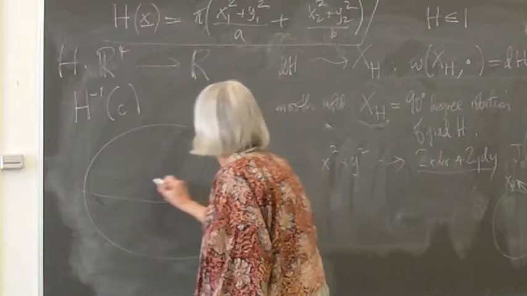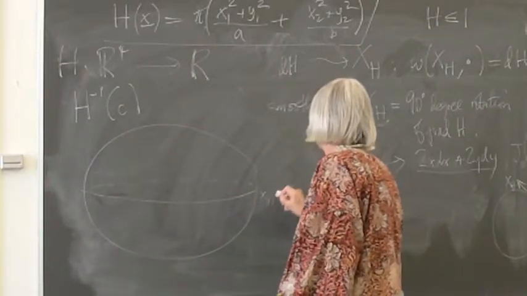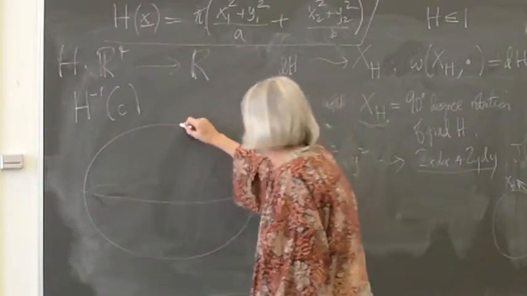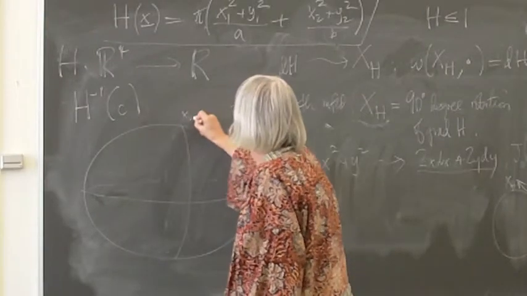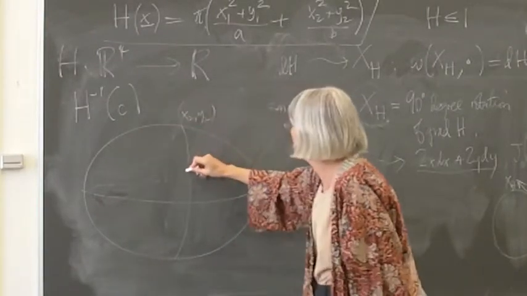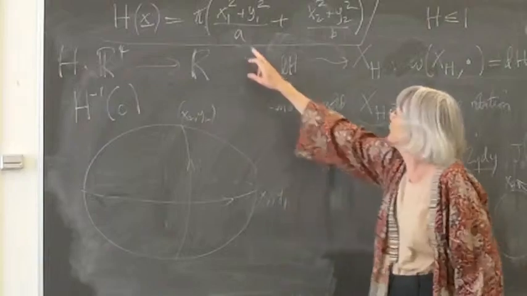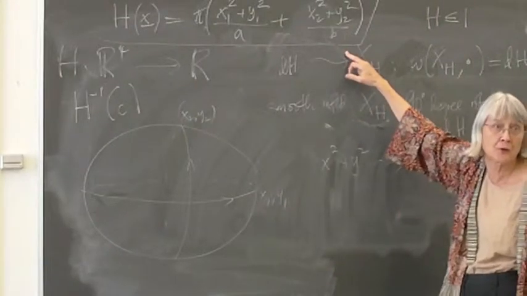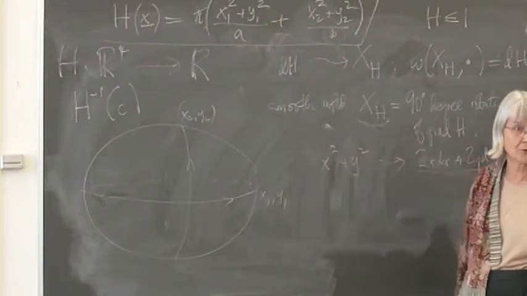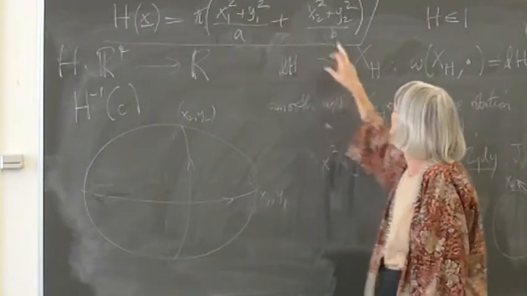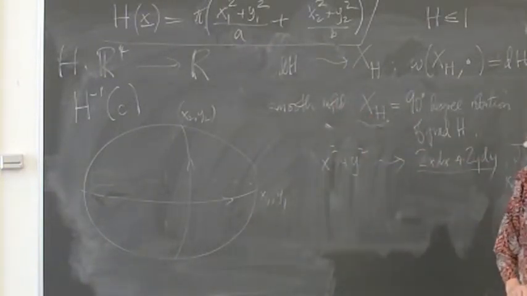It's got one going around the x1, y1 direction, and another one going around the x2, y2 direction. So those are periodic. And if the ratio of A and B is irrational, those are the only two periodic orbits. Well, if the ratio of A and B is rational, then all the orbits are closed.